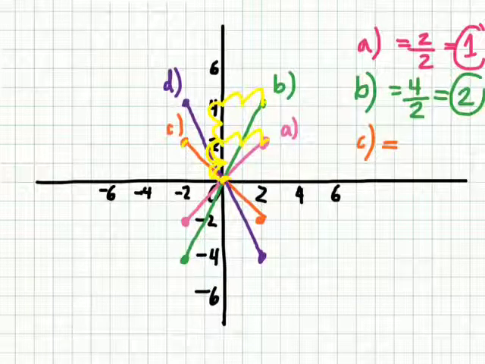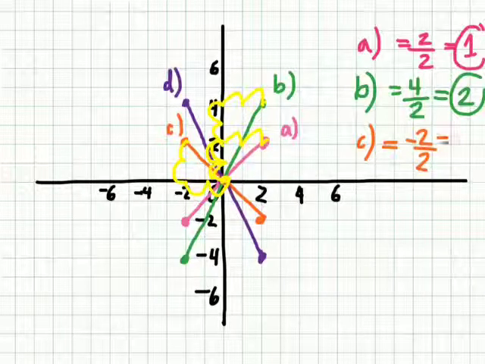We're going down 1, 2. So negative 2. And then I'll run 1, 2. Okay, from here to here. So negative 2 over positive 2 equals, what's negative divided by positive? Negative 1.